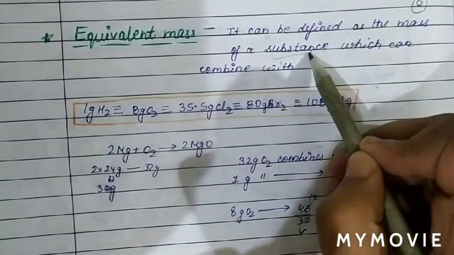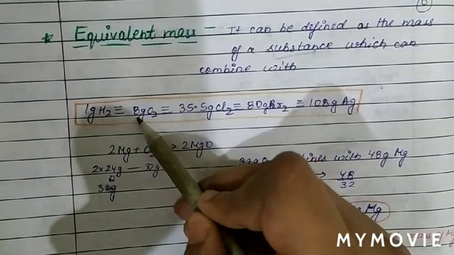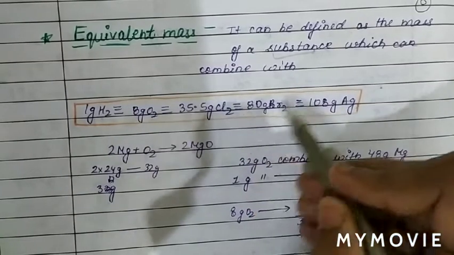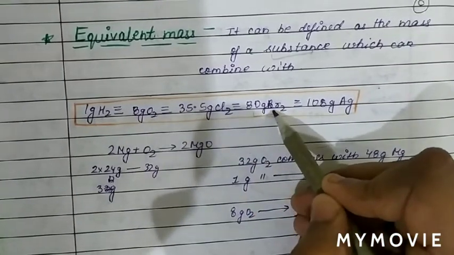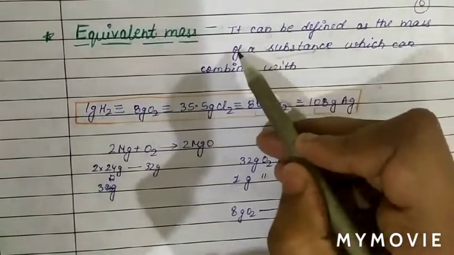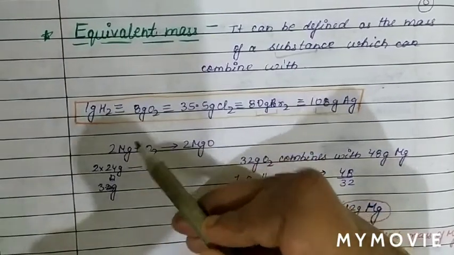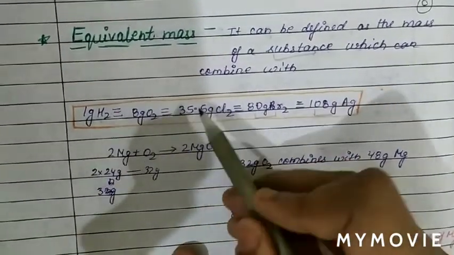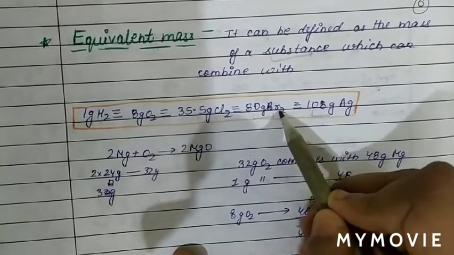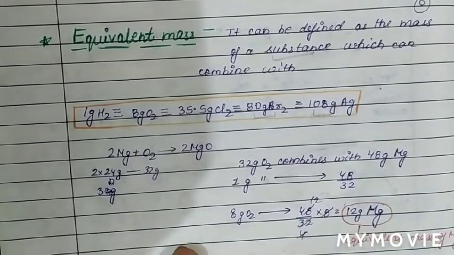So basically it is the mass of substance which combines with 1 gram hydrogen, or 8 gram oxygen, or 35.5 gram chlorine, or 80 gram bromine, or 108 gram silver. So these are the definitions.